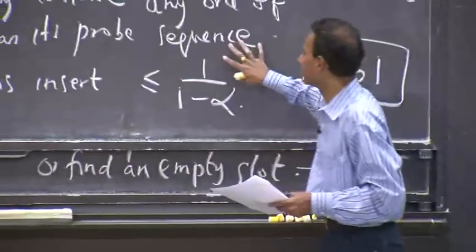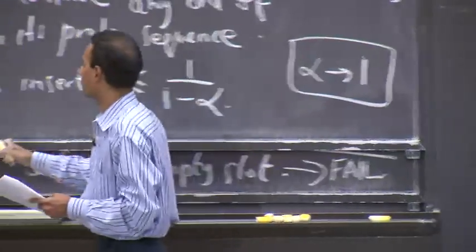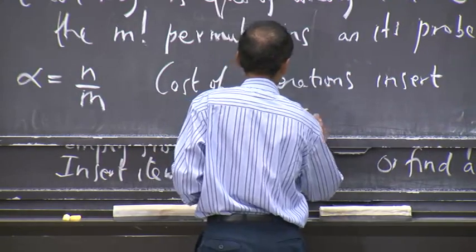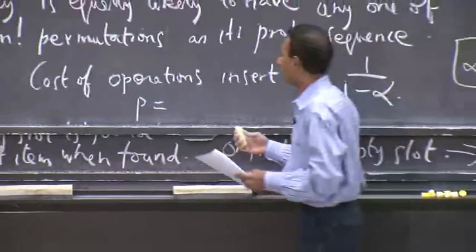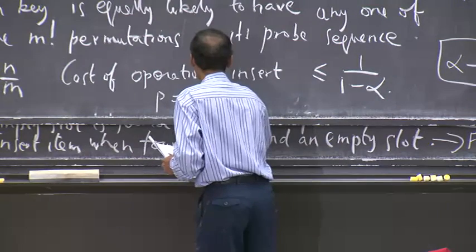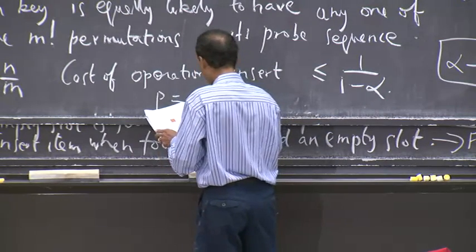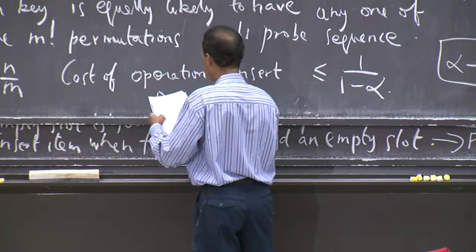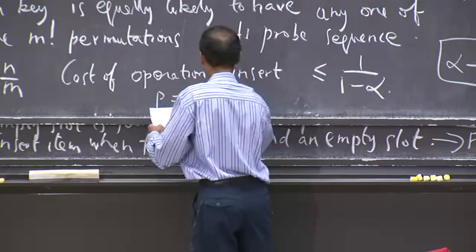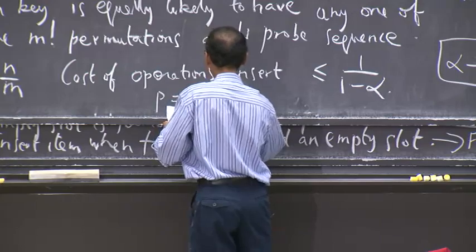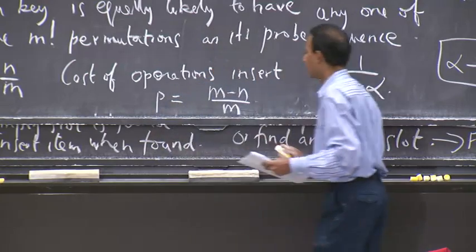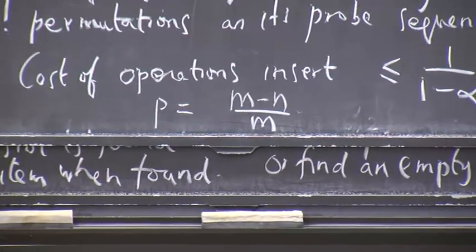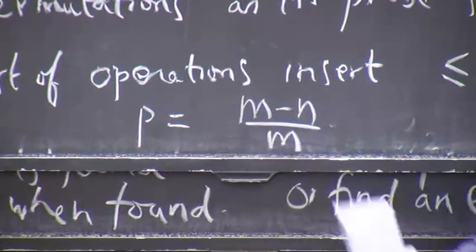Basically, the intuition behind the proof is that we're going to assume some probability p, and initially your p, I'll just write this out here, is m minus n divided by m. Okay, so what is that? Right now I have n elements in the table and I have m slots.